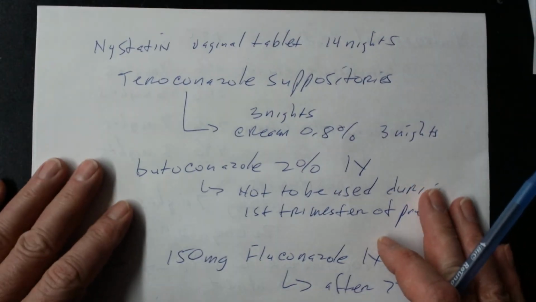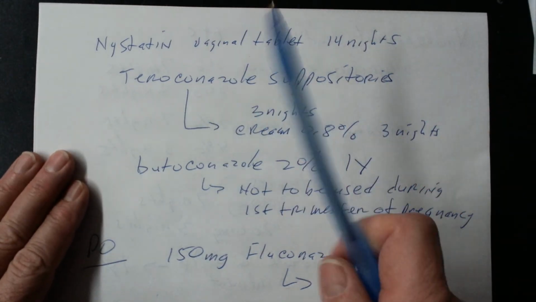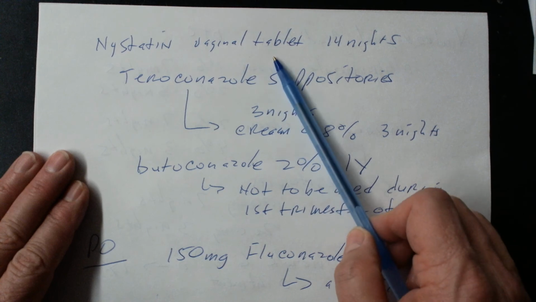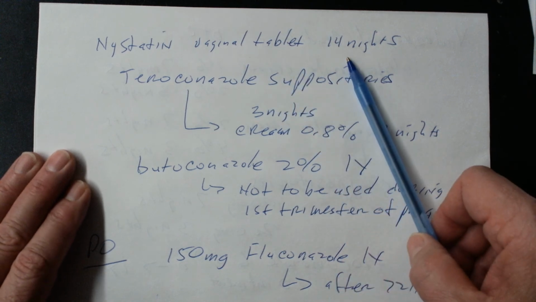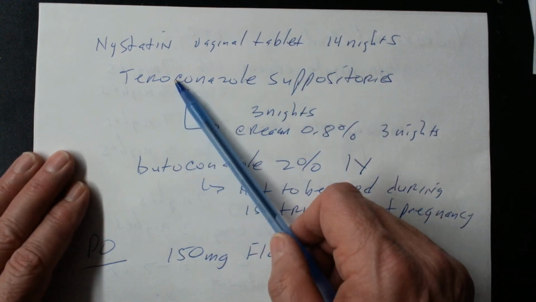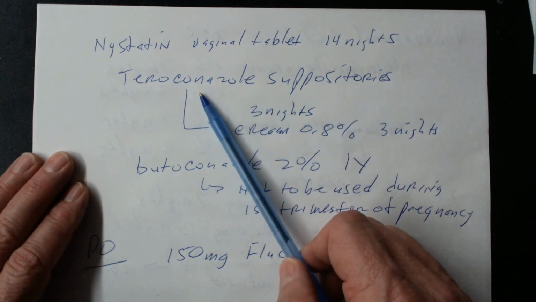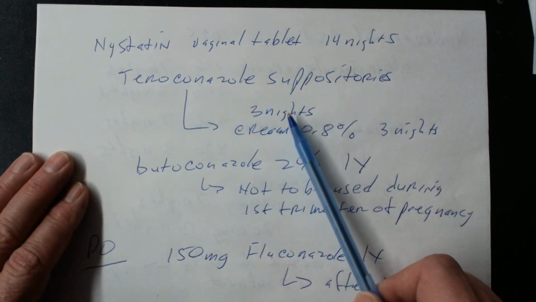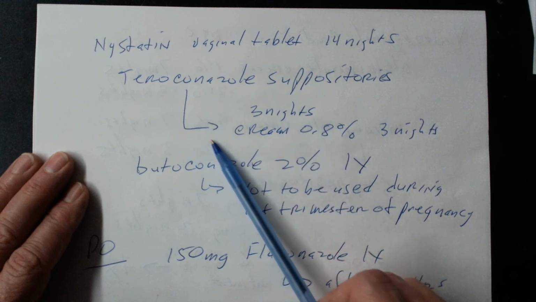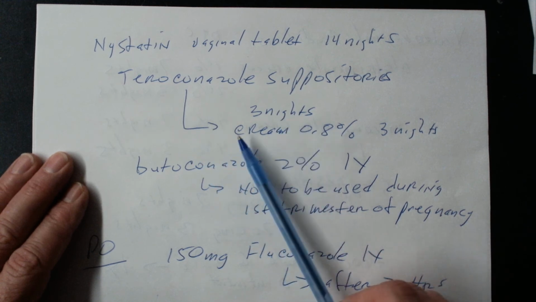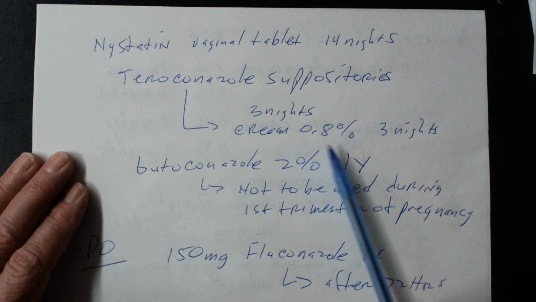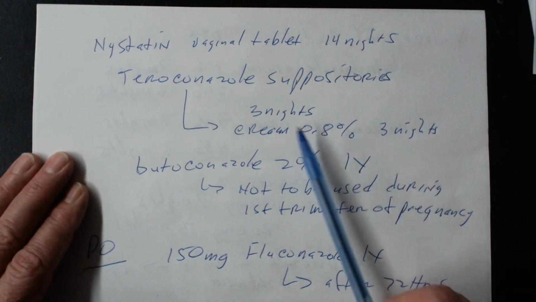If these don't work, your prescription drugs include nystatin vaginal tablets. You use those for 14 nights. There's terconazole suppositories. You use those for 3 nights. There's also a cream that you use for 3 nights.